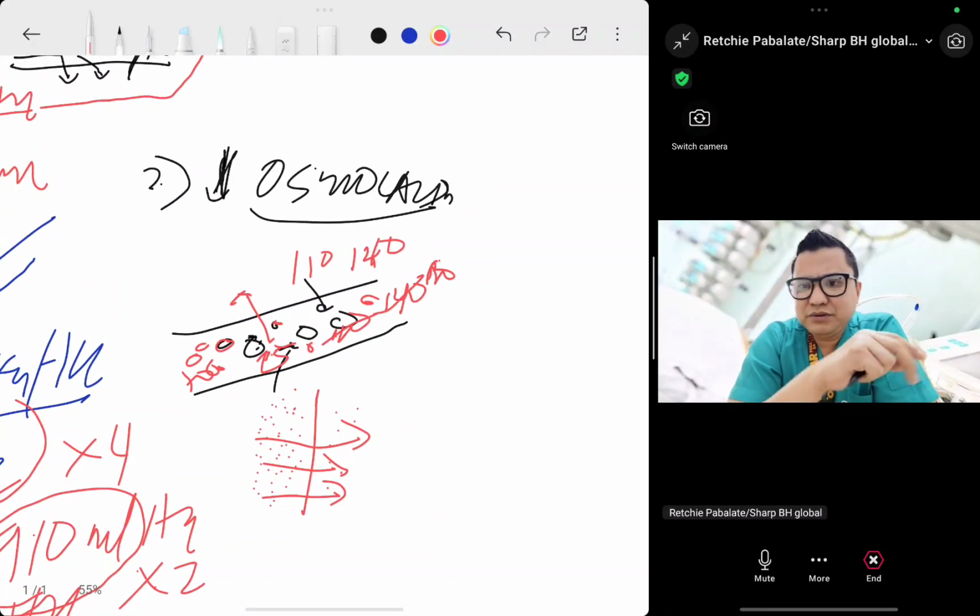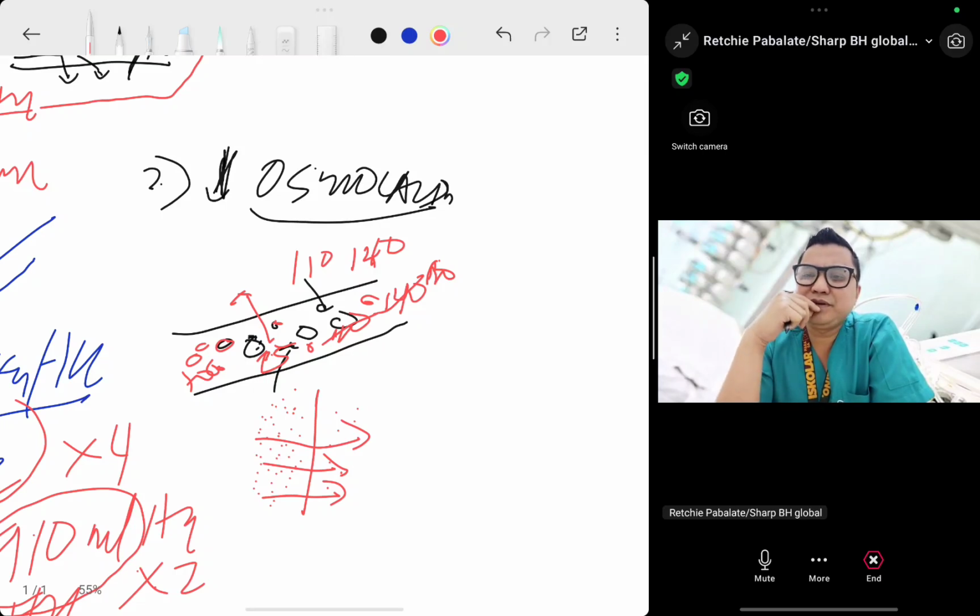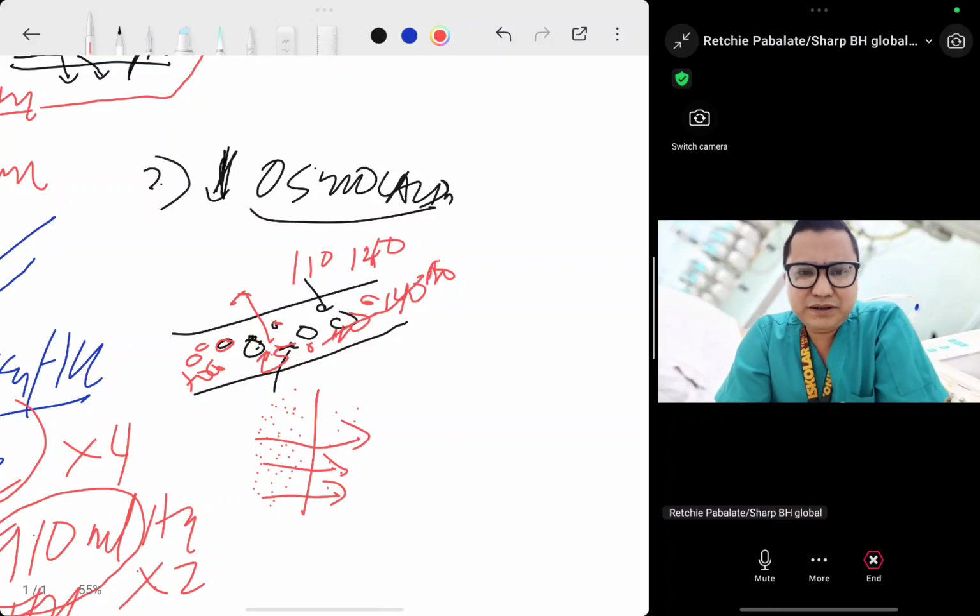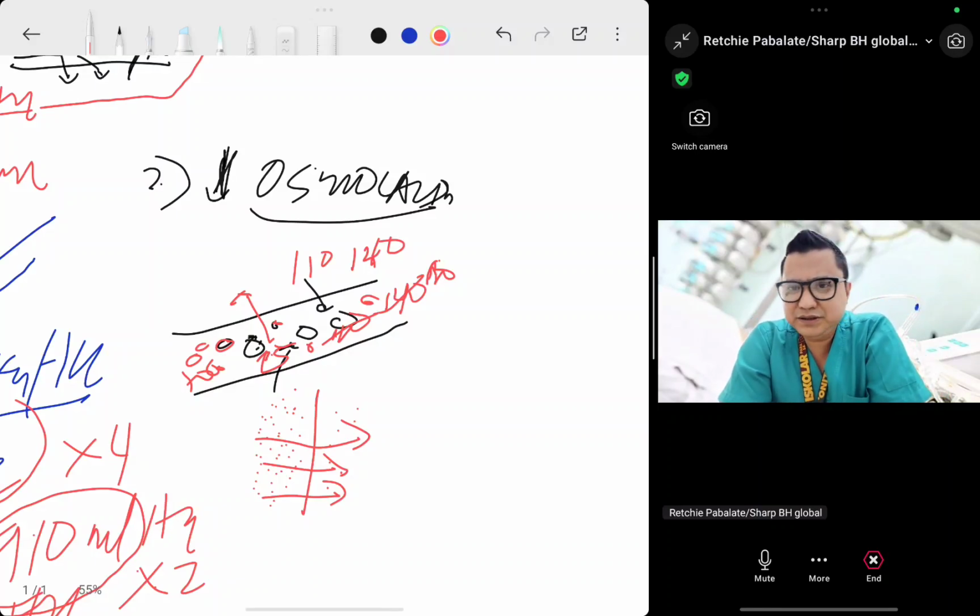There is a study that compares the clearance of glucose, sodium, and urea. They concluded that there is really a decrease in osmolarity or osmotic gradient during the early stage of dialysis that leads to fluid shift from intravascular to interstitial, from extracellular to intracellular compartment.